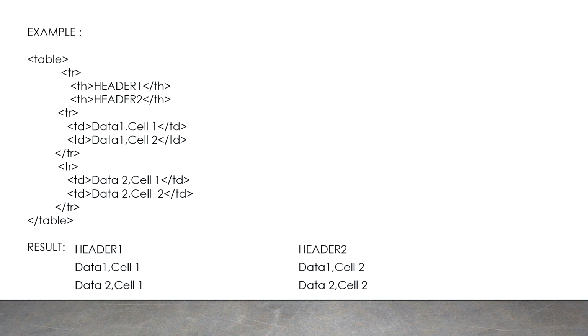Under header 1 there is data 1 cell 1, which is in a row and column. So this is basically the common structure of a table.